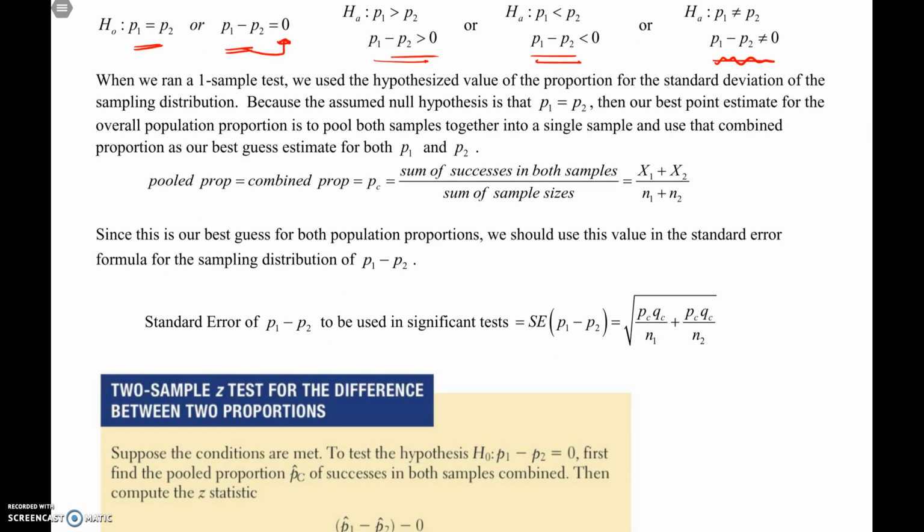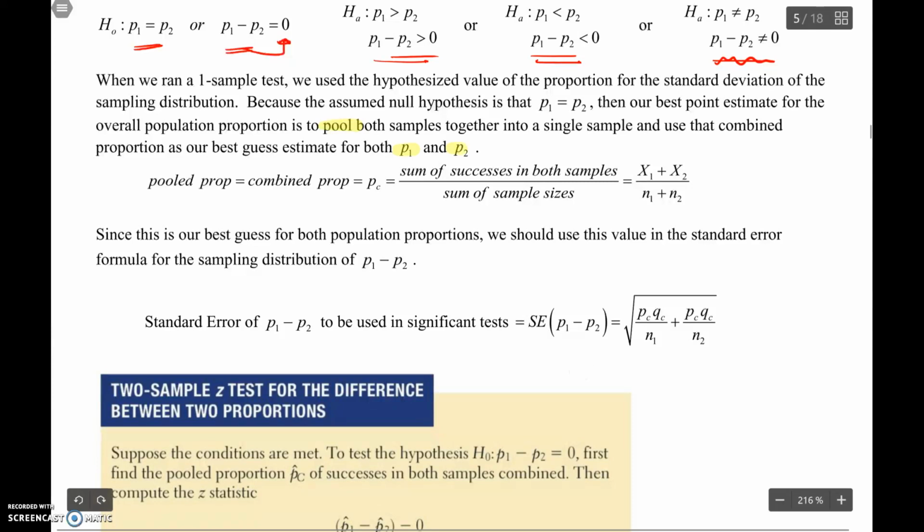We got one-sided alternates here, two-sided alternate here. When we ran a one-sample test, we used the hypothesized value of the proportion for the standard deviation of the sampling distribution. Because the assumed null hypothesis is that the two proportions are the same, our best point estimate for the overall population proportion is to pool both samples together into one large sample and use that combined proportion as our best guess for both of these.